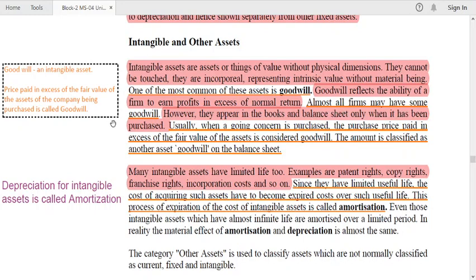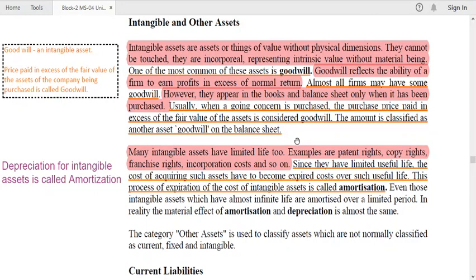Almost all firms may have some goodwill. However, they appear in the books and balance sheet only when it has been purchased. Whenever a company is being purchased by another company, then only the concept of goodwill comes into the picture. Usually, when a going concern is purchased, the purchase price paid in excess of the fair value of the assets is considered goodwill.